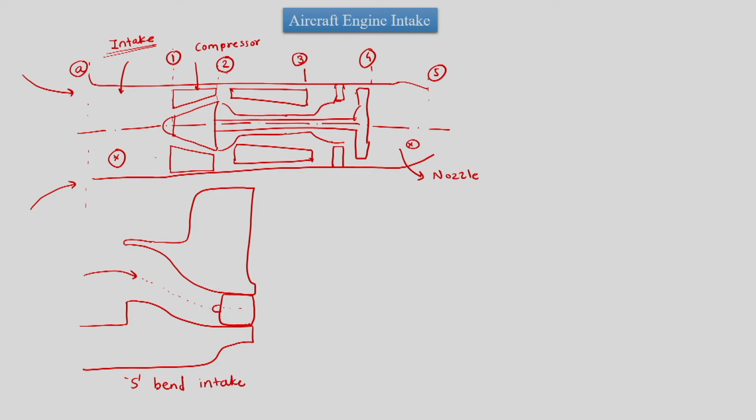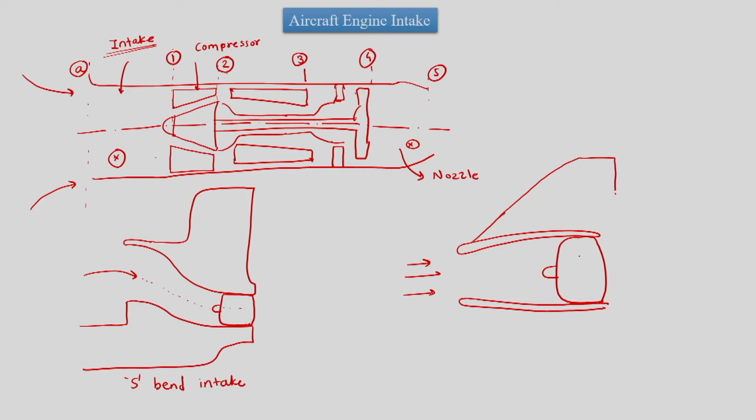And then there is the straight through intake. In the case of a straight through intake, we have the engine at the end of the intake passage, and this engine is placed somewhere near the control surfaces of the aircraft.